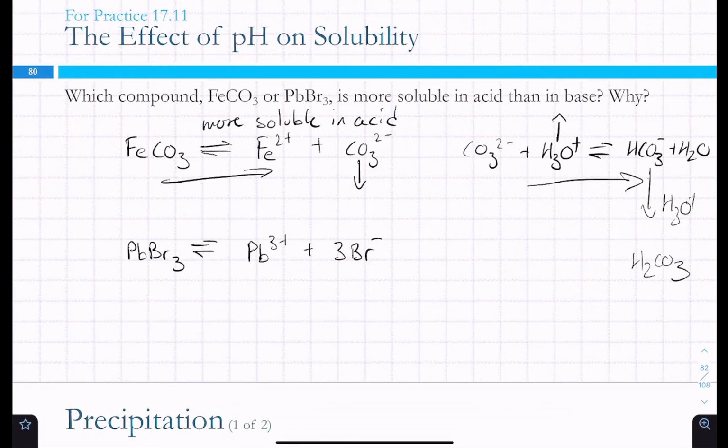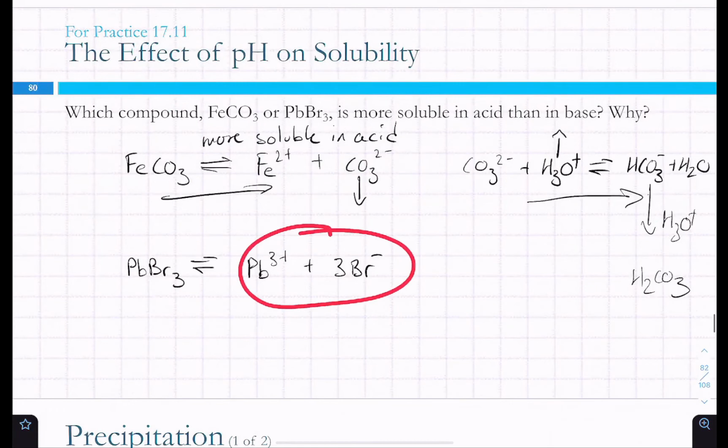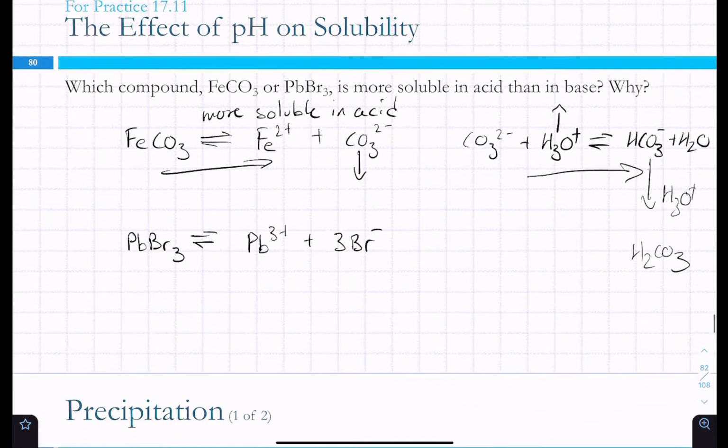Lead bromide is not going to be affected because bromide doesn't care about H+. In fact, that's why hydrobromic acid, when you add it to water, gives up all those hydrogens immediately. It doesn't care about them at all. Carbonate loves its hydrogens. So again, it comes down to being a Le Chatelier's principle problem.